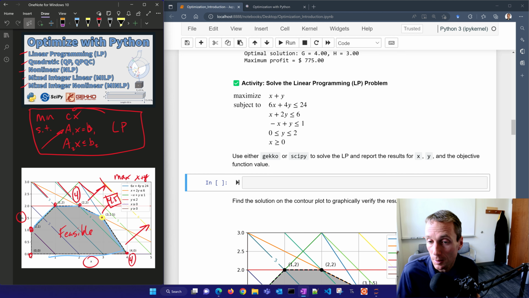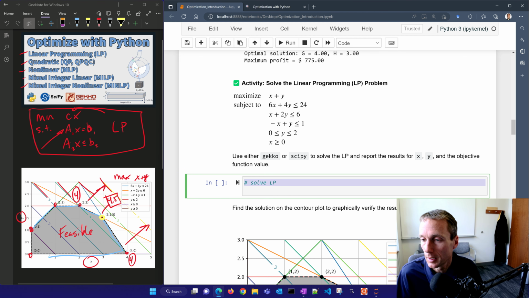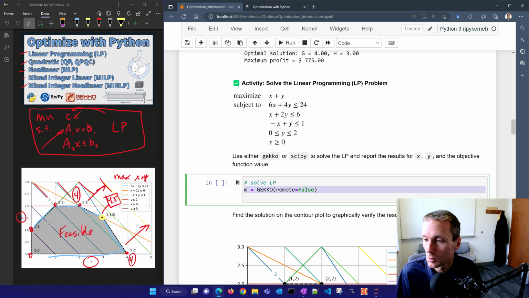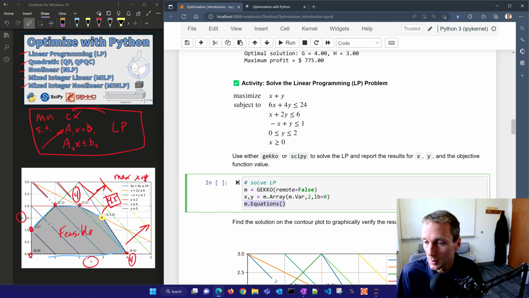But let's set this up and solve it with Python. Okay, I'm going to do that with Gecko. Now, if you switch it to remote equals false, it doesn't solve on a remote server. It solves locally on your computer. We have x and y. I'll create an array with 2 values. They're going to have a lower bound of 0. I'll create my equations.